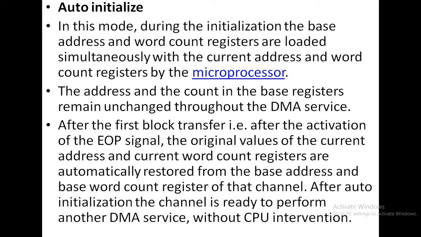So after the first block transfer, that is, after the activation of the EOP signal (end of process signal), the original values of the current address and current word count registers are automatically restored from the base address and the base word count register of that channel. After auto initialization, the channel is ready to perform another DMA service without CPU intervention.